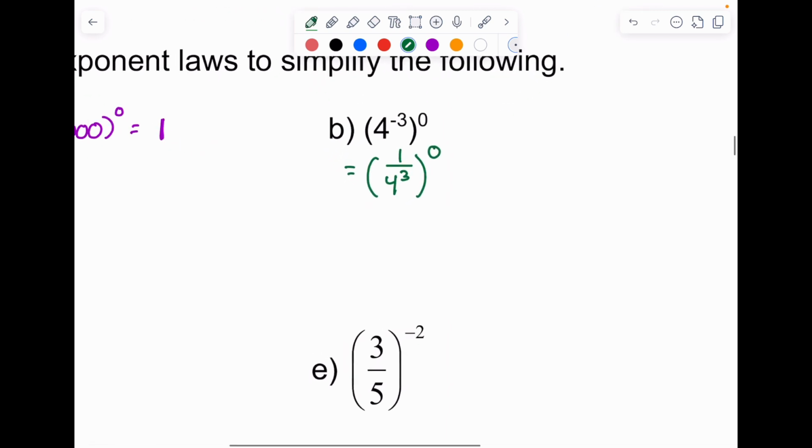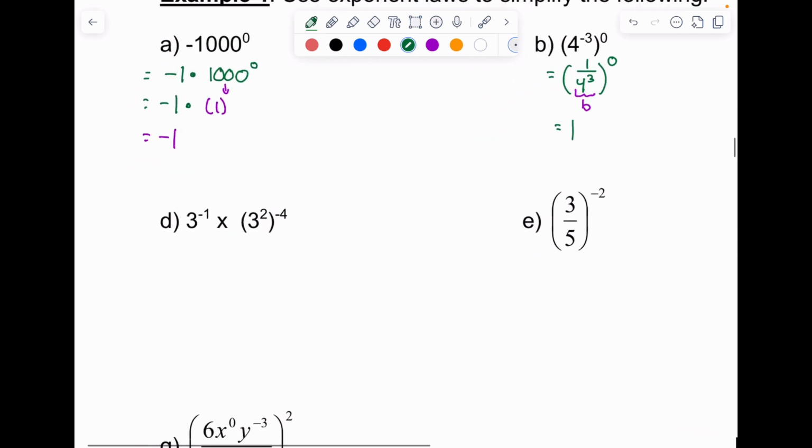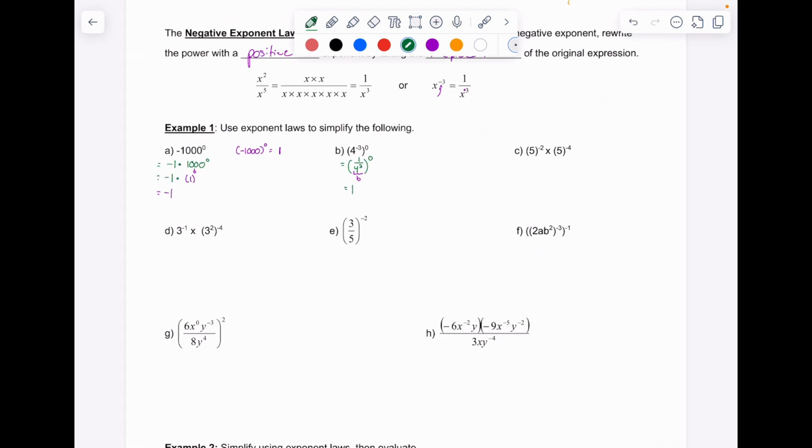Okay, well, technically this right here is my base. So if you think about it, this is like me saying my base to the 0. Yes, it's a fraction, but it's still just a number. Anything put to the power of 0 is going to give you a value of 1. All right, next one. Oh, sorry, missed one. C.